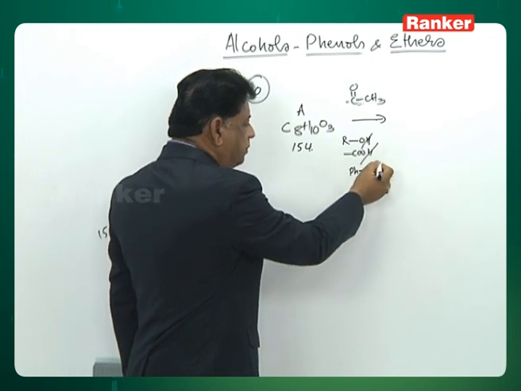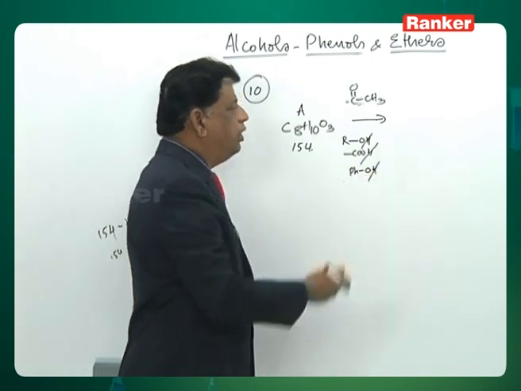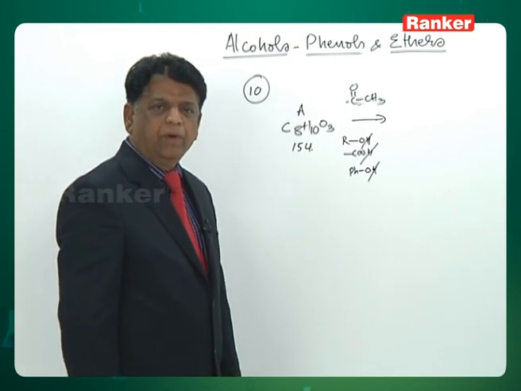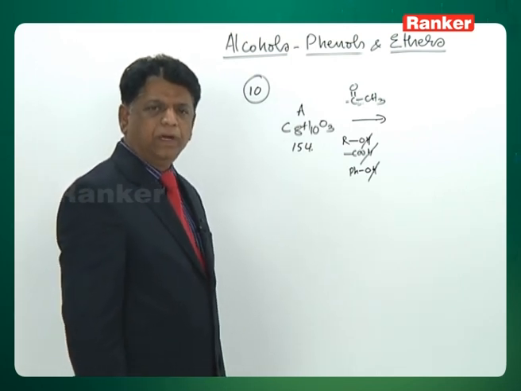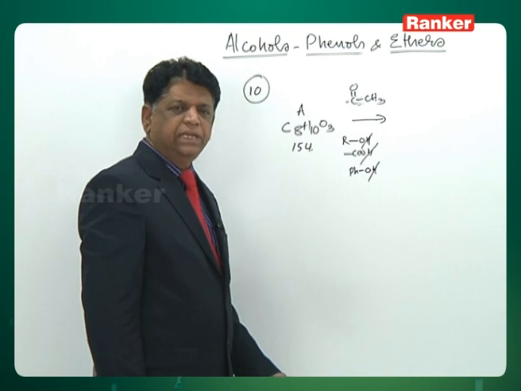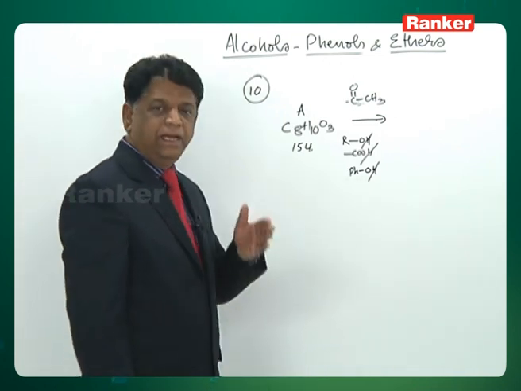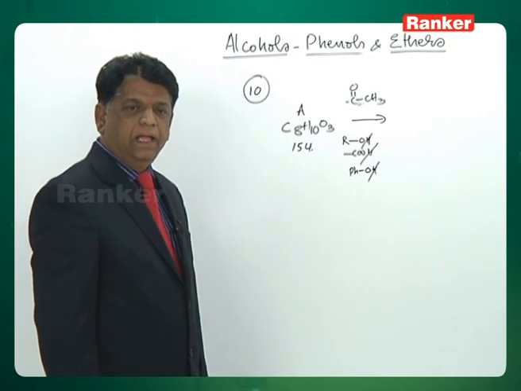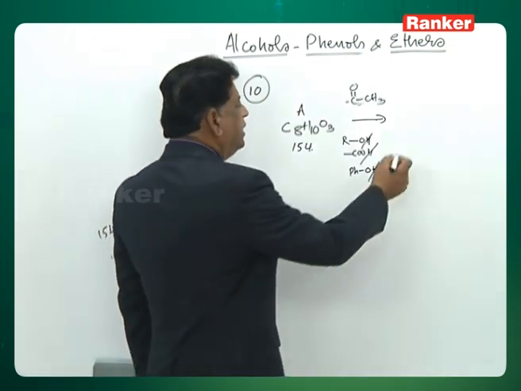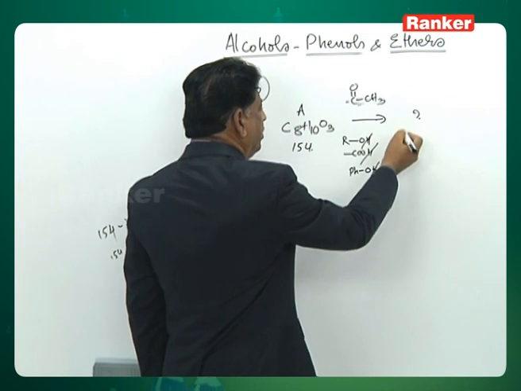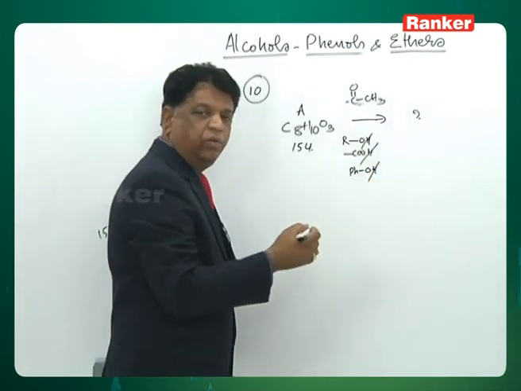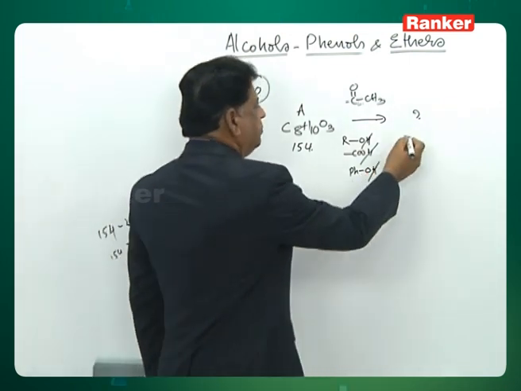We don't know what type of groups are there, but these groups are going to be acetylated, and the acetyl derivative formed has a molecular weight of 280.